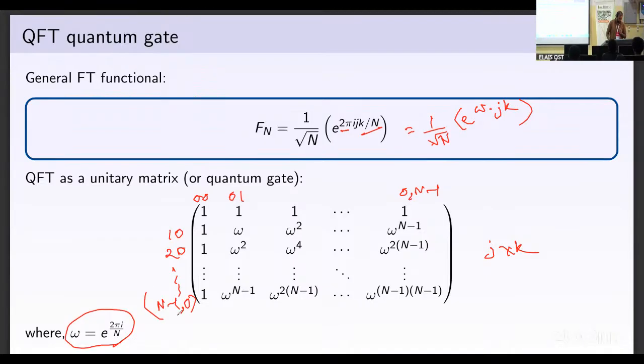You can construct the values of the matrix yourself. Since it's now e to the power omega into jk, the first element is j equal to 0, k equal to 0. So it's exponential of 0. So it's 1. The first element is 1.